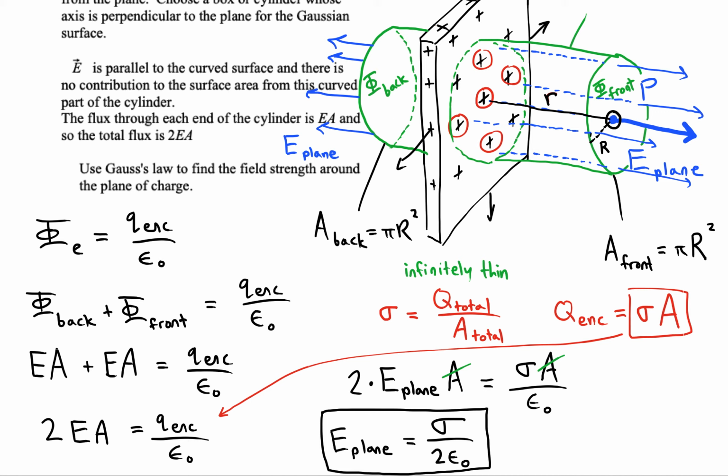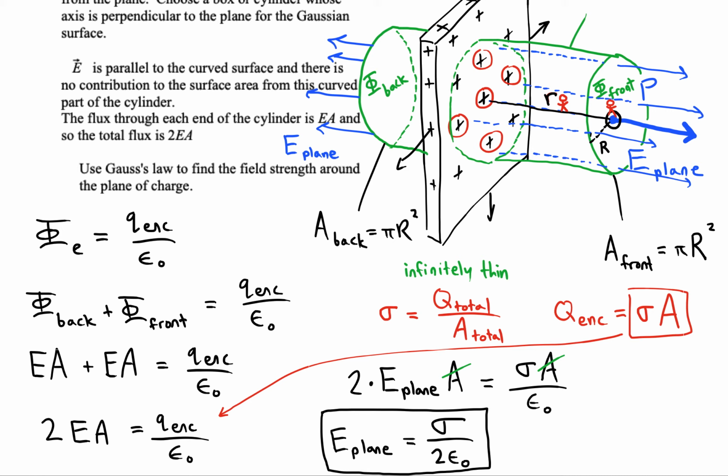It's hard to believe, but what it tells us is that if we are located here next to this charged plane, or here, we will feel the same field in both locations. That goes against common sense, because common sense would tell us that the closer we get to the charges, the stronger the field should be.